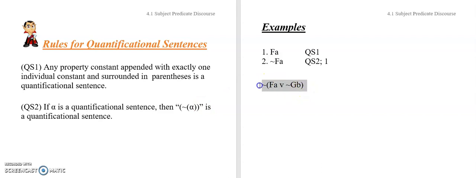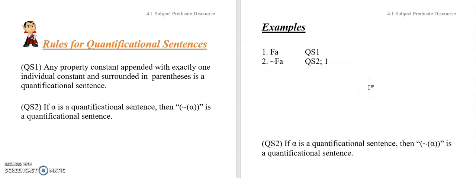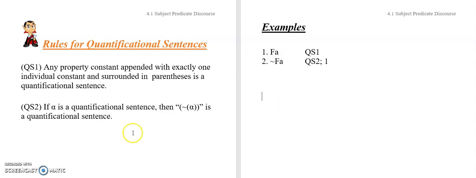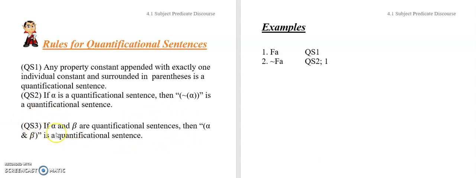Okay, and then if you remember how these rules went, after you get the negation on board, it went and, or, if then, if and only if. And it's going to follow the exact same pattern here from chapter 1. So, for example, for QS3, given two quantificational sentences, alpha and beta, whatever they might be, surrounding the whole thing in parentheses and putting them on either side of one another with an ampersand in between is a quantificational sentence.